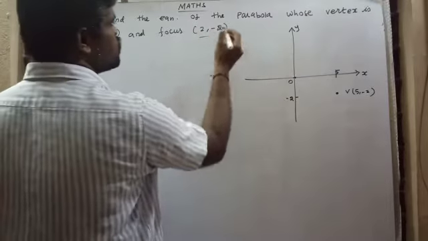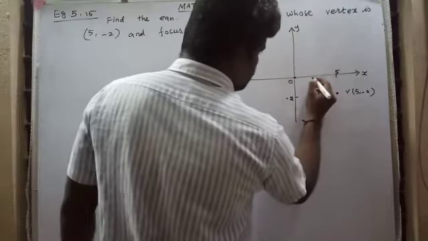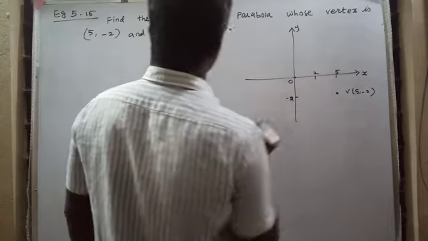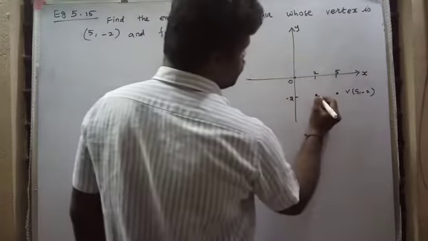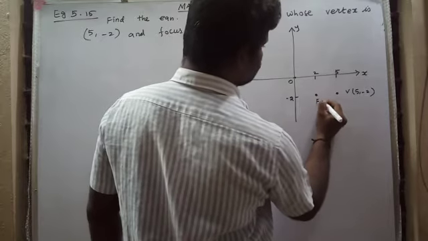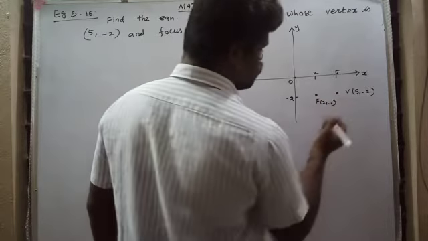And the focus is (2, −2). The x-axis distance is 2 and the y-axis distance is −2. So this is the focus (2, −2).